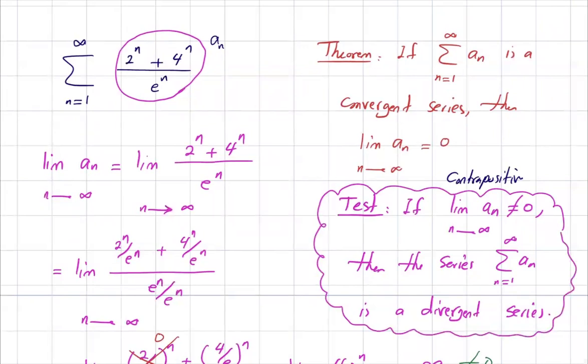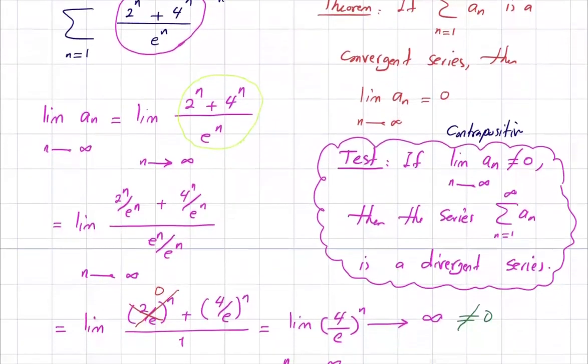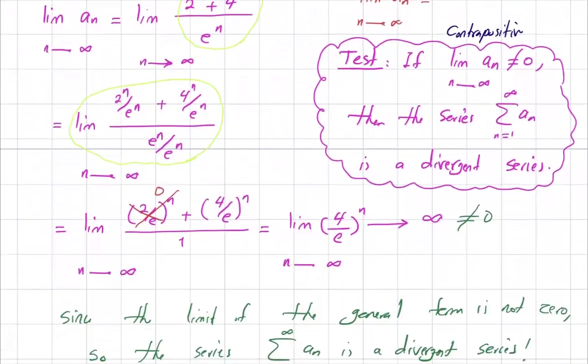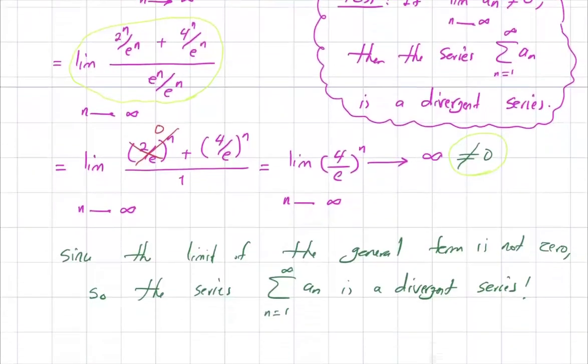So our an is 2 to the n plus 4 to the n divided by e to the n. You can use L'Hopital's rule, or you can use simple calculation for the limit. Divide everything by e to the n, simplify, and as you can see, the limit goes to infinity. The limit is not 0. And the conclusion is, since the limit of the general term is not 0, the series is a divergent series.